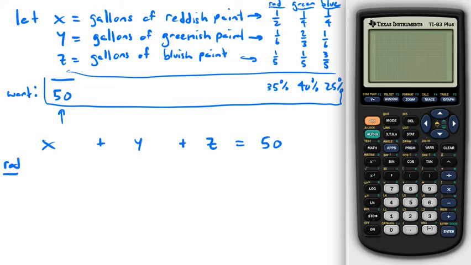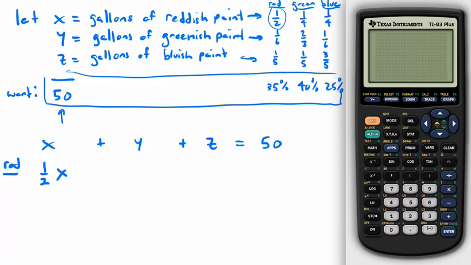How much red paint is involved in each of those things that the paint store is adding together? In the X gallons of reddish paint, which is half red, if I take 1/2 times X, I'm going to get the gallons of red paint that's in that stuff.